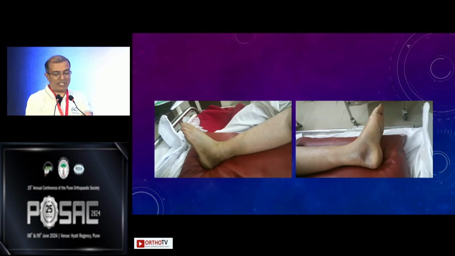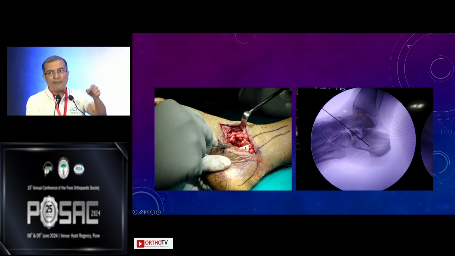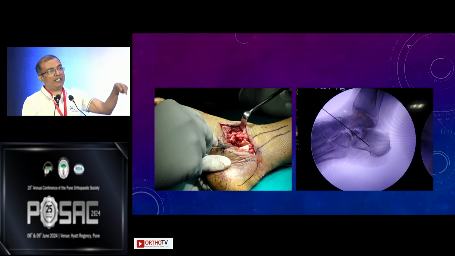Now see, it looks like flat foot because it is lateral peritalar, and this is how it was reduced intra-op. Why? Because these tendons were interposing. So by protocol, first closed reduction maneuver in ER. If not possible, closed reduction maneuver in OR.